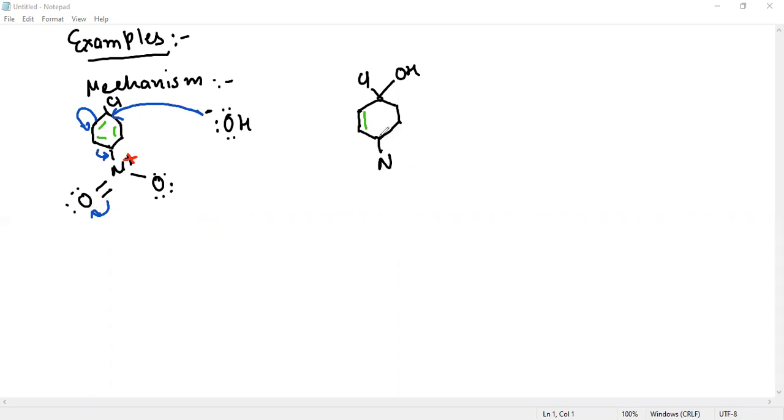So let's draw the rest of the things. You have the bond here, and what else is left? So you have this O, and whenever it has six electrons, it has a negative charge, and then this one is pushed here, making oxygen negatively charged.